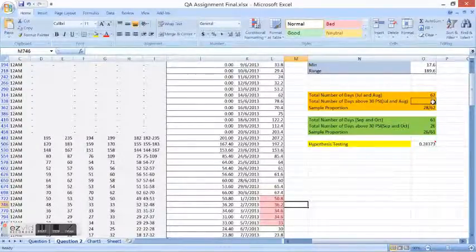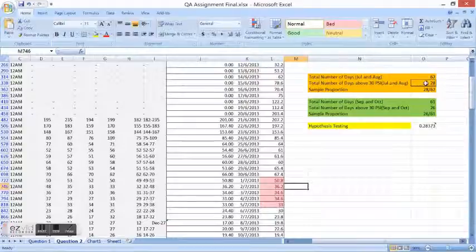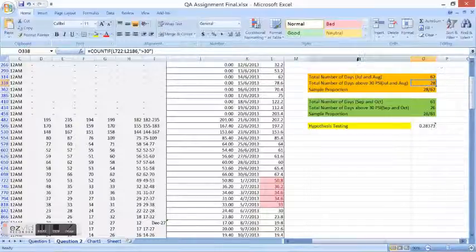So you highlight all the values which are greater than 30. For the total number of days, I use COUNTIF, as I just want the values which are more than 30.